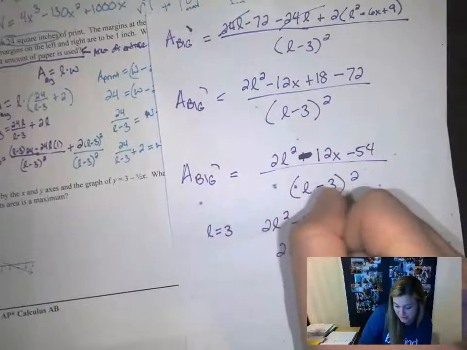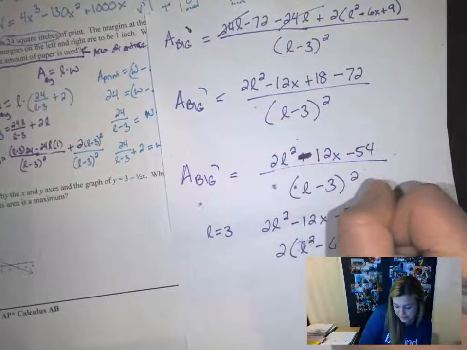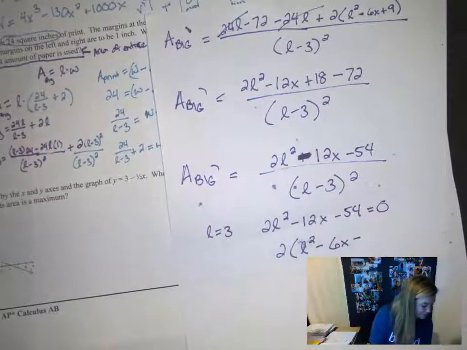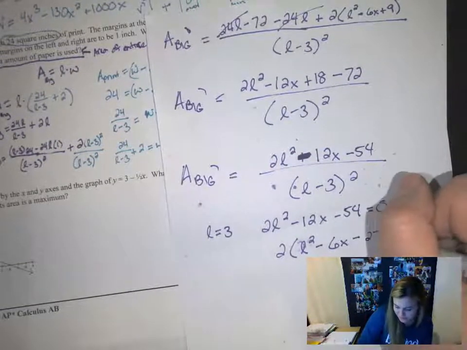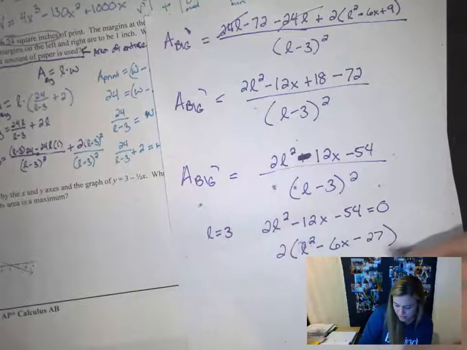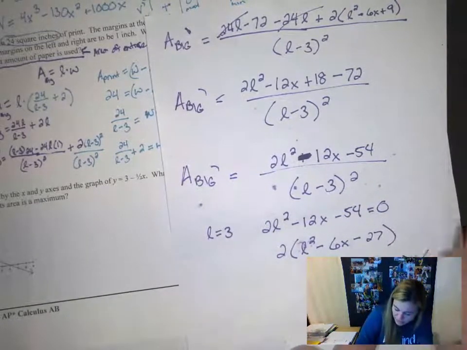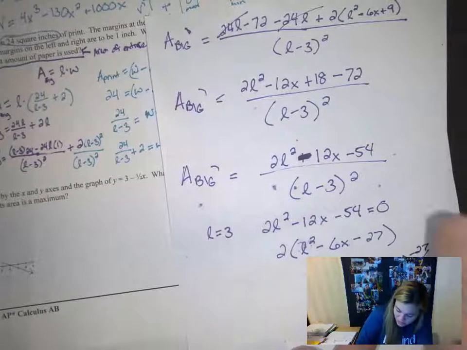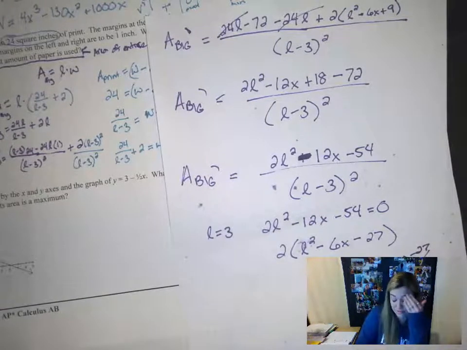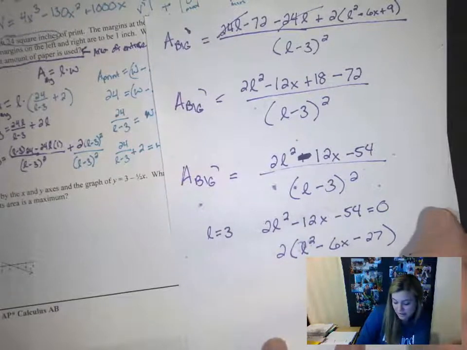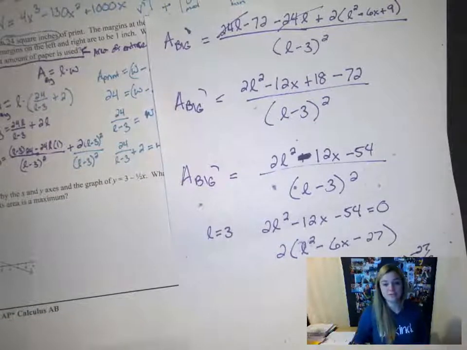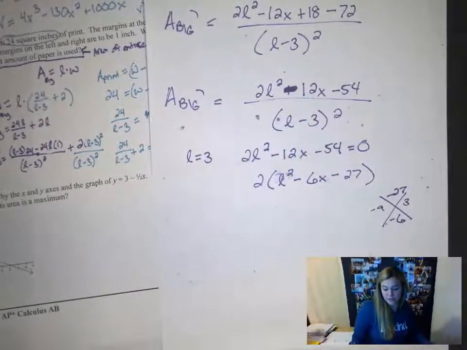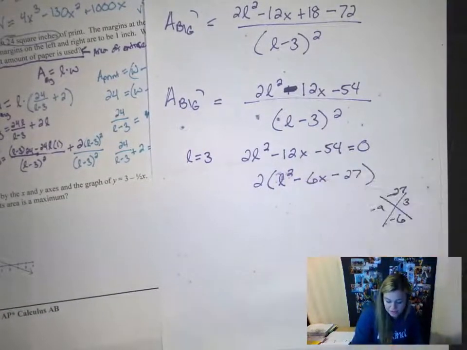And I can see that's L squared minus 6L minus 54 divided by 2, which would be 27. Two numbers that multiply to get a negative 27 and add to get a negative 6. Negative 9 and a positive 3. Sorry, you can't see my work. And this was just L squared, so I'm good here.